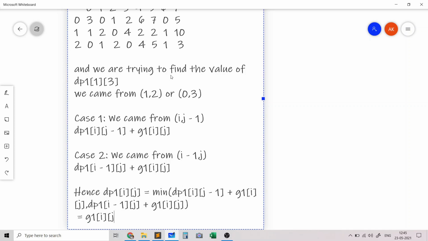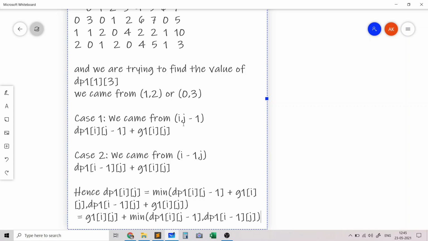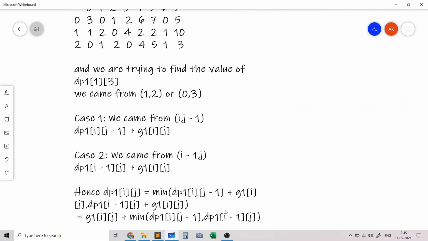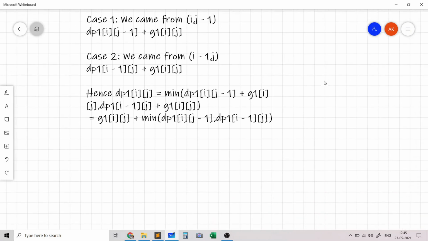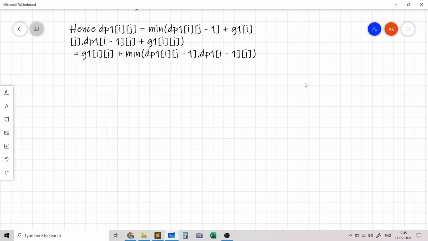So you can take out g1 ij common, because the other way to think of it is that you either came from i, j minus 1 or i minus 1, j. So these are the two cases, and either way you need to count the contribution of g1 ij. You have to count the number of powers of 2 in that. So either one of these two recurrences is the same, and this is all that's there in our dp state and in our transition.